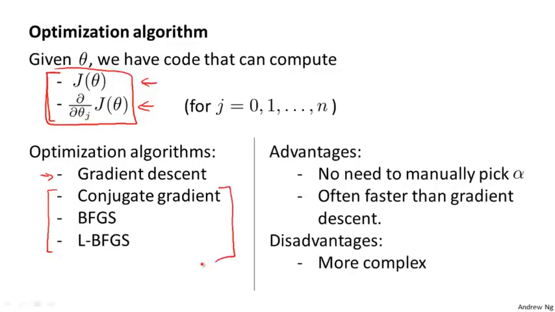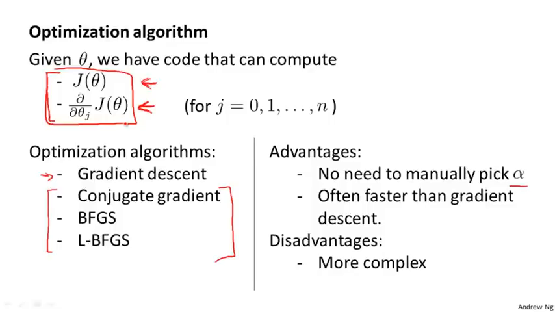These three algorithms have a number of advantages. One is that with any of these algorithms, you usually do not need to manually pick the learning rate alpha. So one way to think of these algorithms is that given the way to compute the derivative and the cost function, you can think of these algorithms as having a clever inner loop.